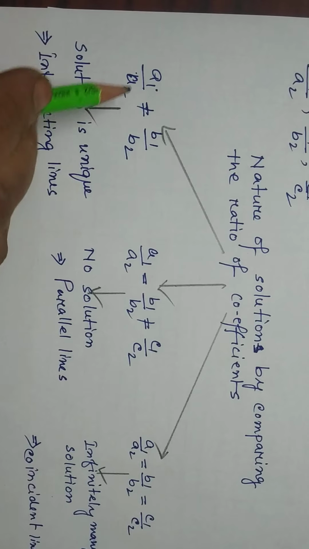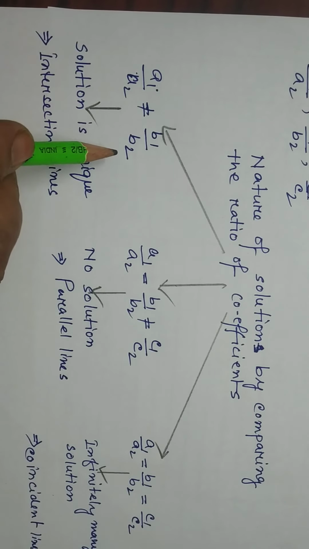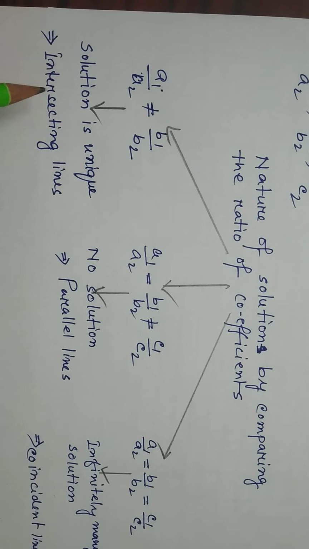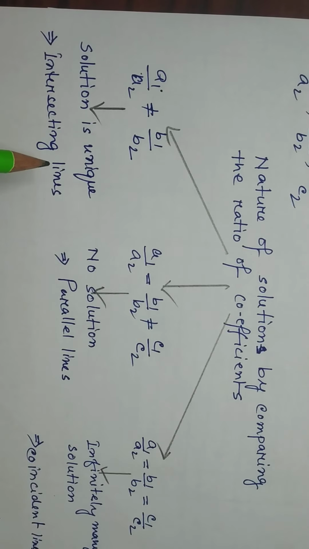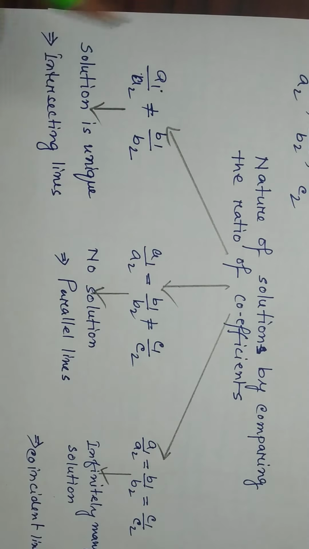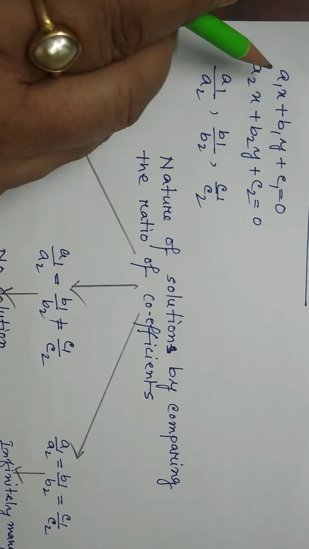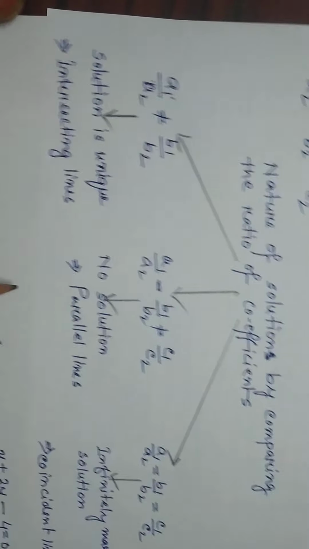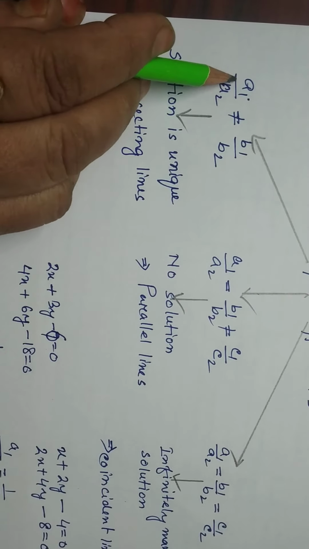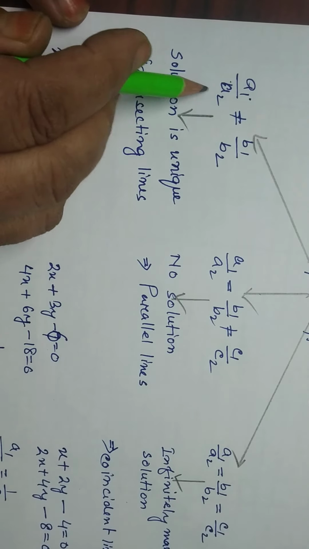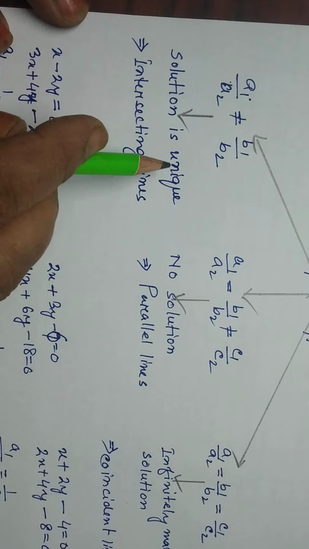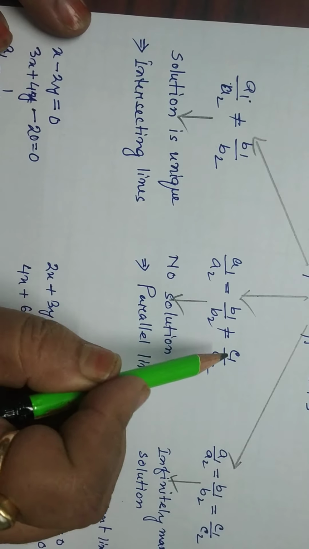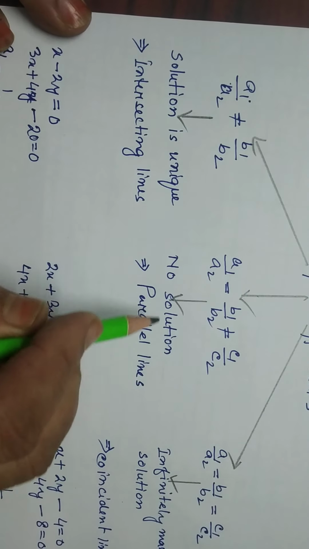Now if a1 by a2 is not equal to b1 by b2, then what will the solution be? A unique solution, and the lines will be intersecting, because from these two linear equations we get two lines. That's why if the coefficient ratios are not equal, a1 by a2 not equal to b1 by b2, then the solution is unique and the lines intersect. If a1 by a2 equals b1 by b2 but not equal to c1 by c2, then there is no solution.